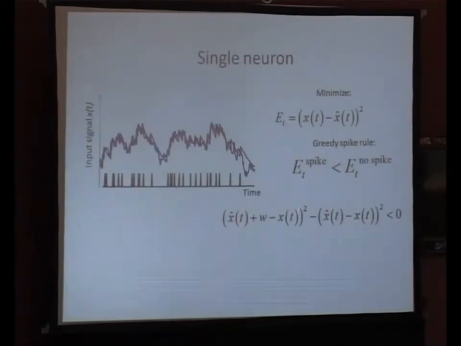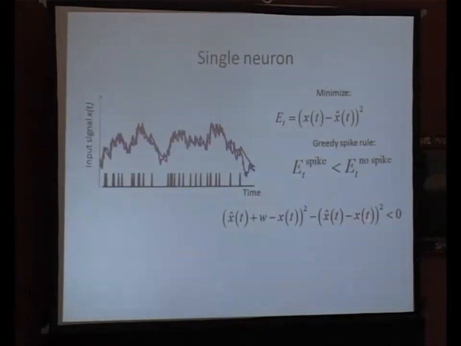Whenever the distance between x and x hat plus the contribution of the new spike, w, squared, the error with a spike, is smaller than the error without a spike, so if this difference is smaller than 0, then we should fire a new spike.